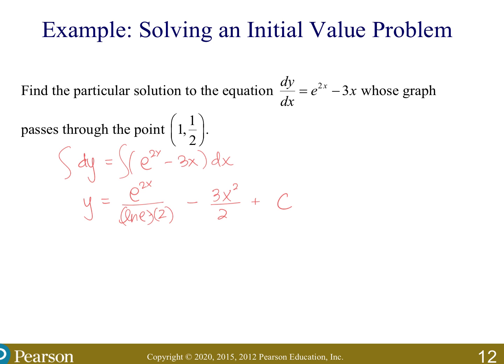And then at that point, you can move to find the specific solution by plugging in 1 for x and 1/2 for y. So that'll be 1/2 equals e to the 2 over 2 minus 3 over 2 plus c.